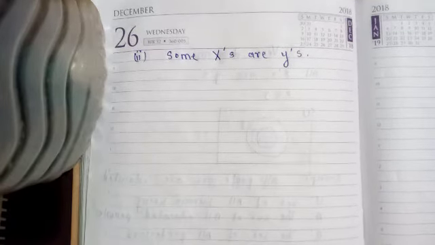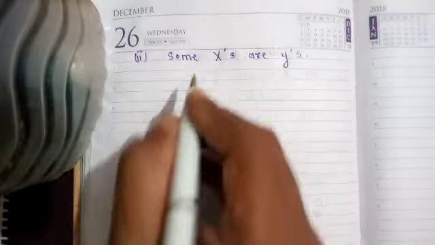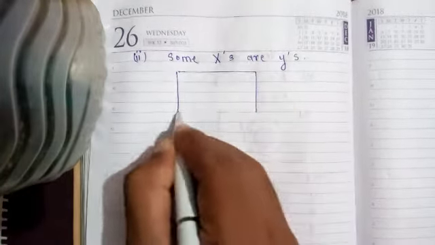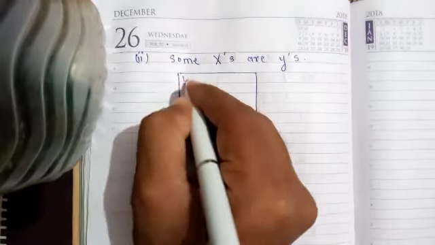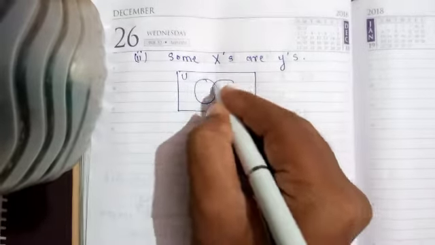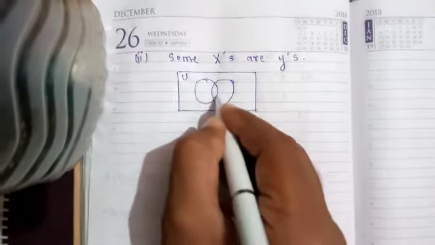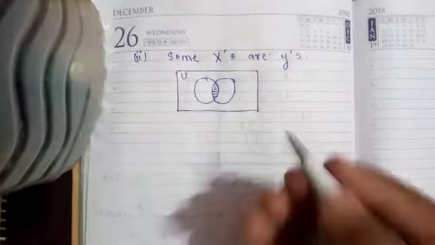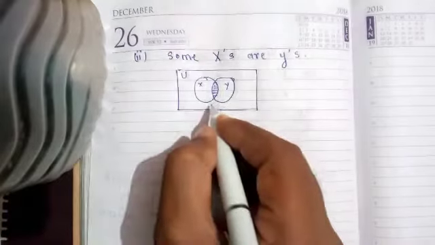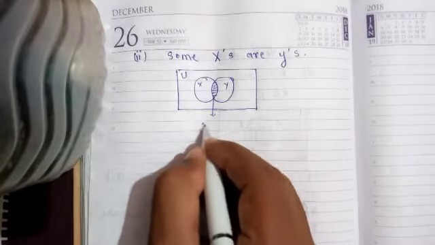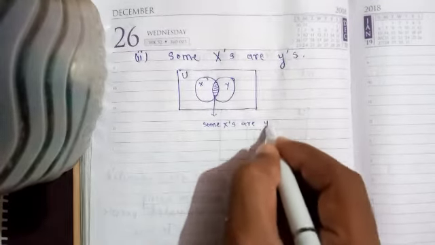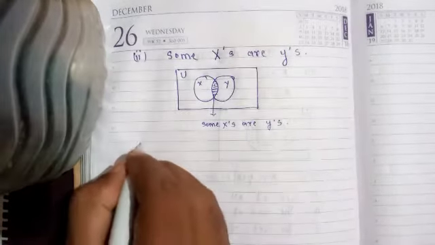So for this you first define a universal set, that is U, the set of all groups. Then you define the set of x, and then the group of y. So this is the part which is common, that is "some x are y's." This is x and this is the set y. Okay, we will see the example.